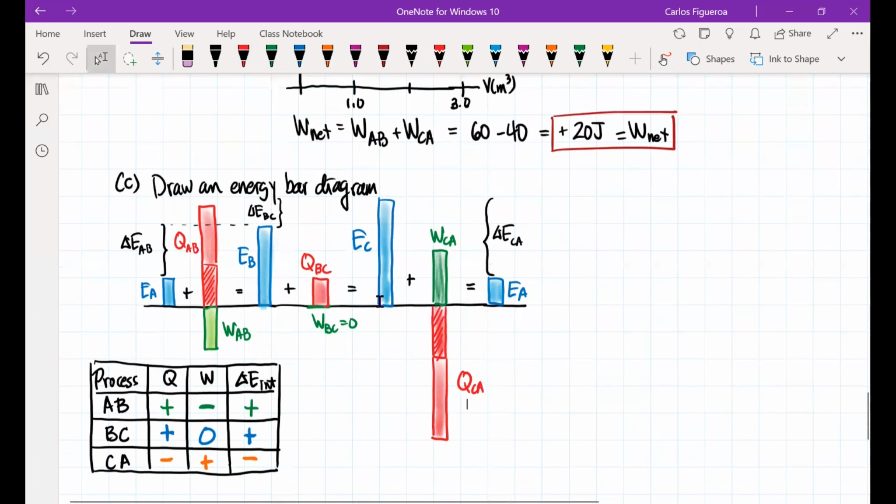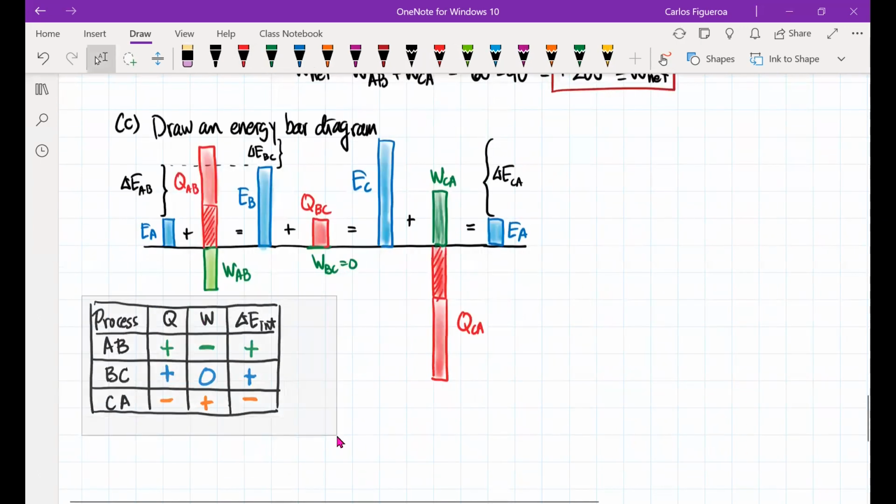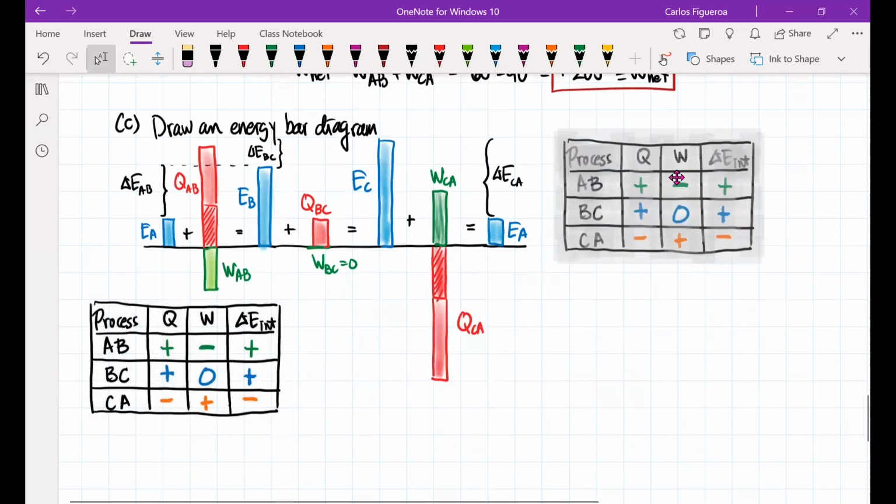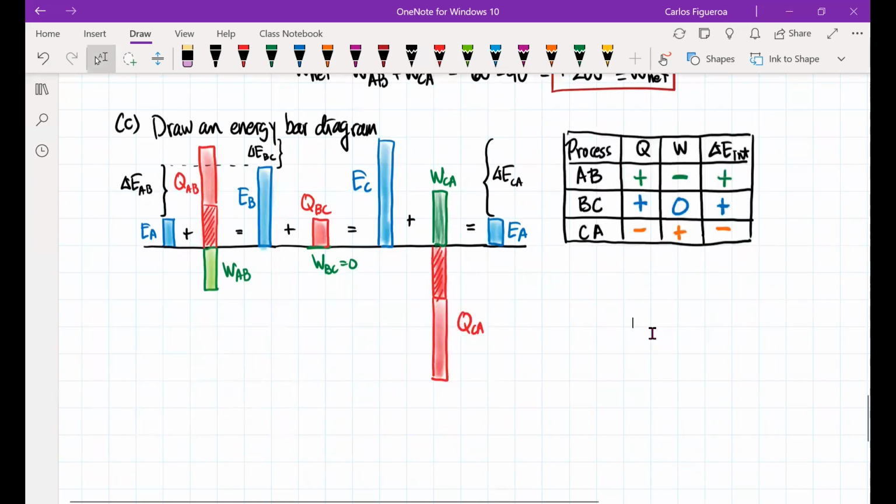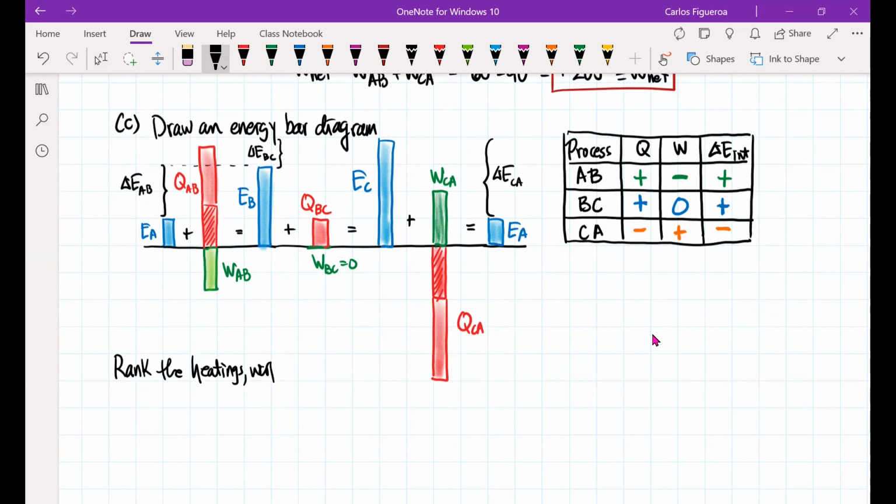So now what I want to do here is that I'm going to move this guy over here. Now I want to interpret what I have. So now, here we go. So now I want to rank the heatings, workings, and internal energies. So here we go. Look at the bigger work.